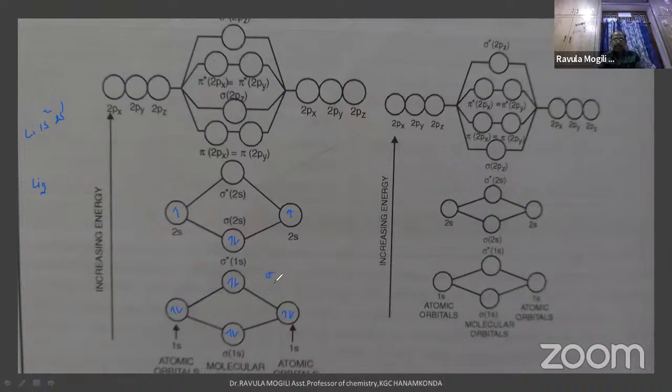And what is the configuration here? Sigma 1s2, sigma star 1s2 and sigma 2s2. So the bond order for this molecule is 1 by 2, bonding electrons 2 plus 2, total 4, minus antibonding electrons 2.